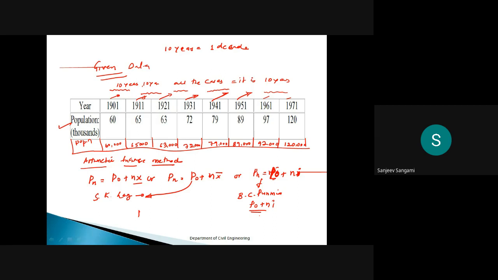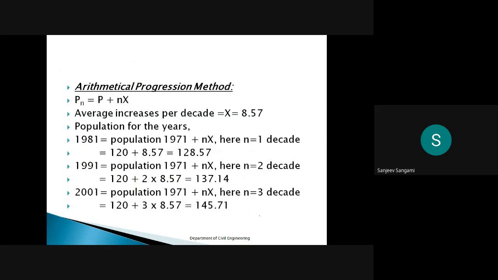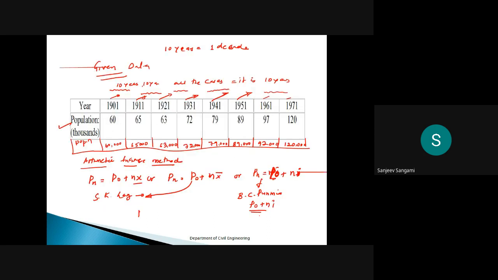Yesterday also we took three populations and calculated it. Now, how to make that calculation? First, you have to calculate the average of this. How to calculate the average?